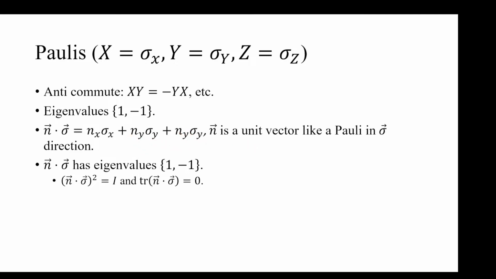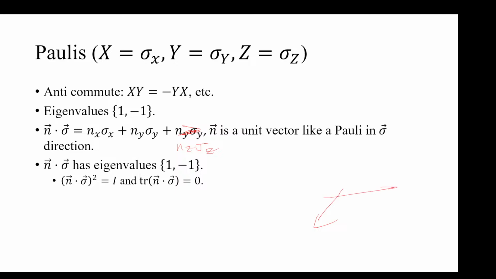Here we have a typo again, sorry. Then this is like a Pauli matrix in the n direction. This is what we write in the Bloch sphere.